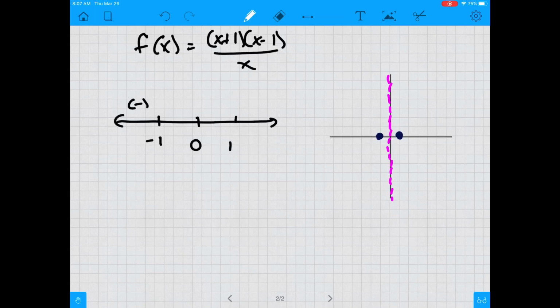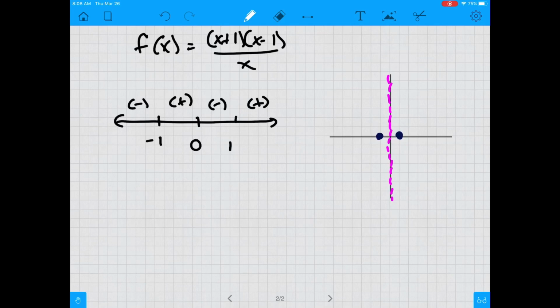The denominator is going to be negative, and I'll also have a negative numerator, so that part's positive. Plug in something like positive 1/2, I end up with a negative numerator over a positive denominator. One factor in the numerator is positive, one factor is negative. And then plugging in something like 2, everything is positive.